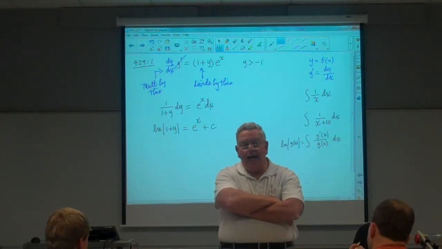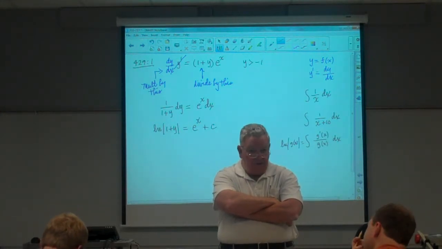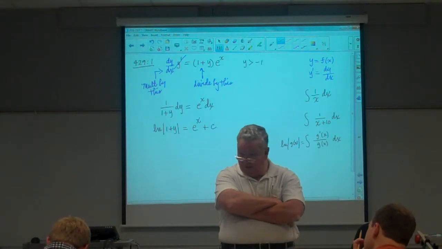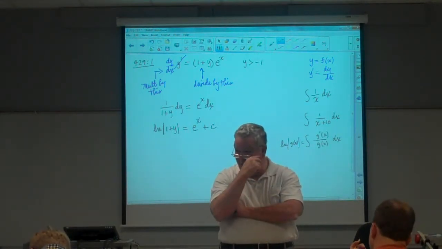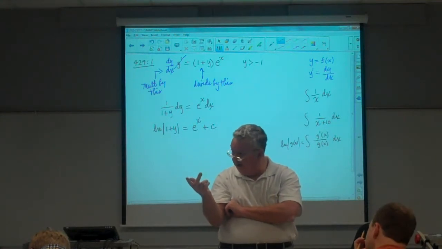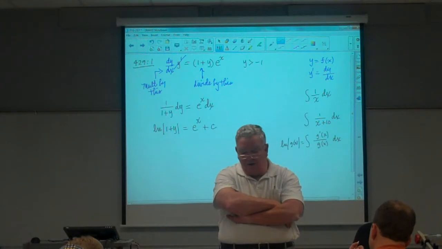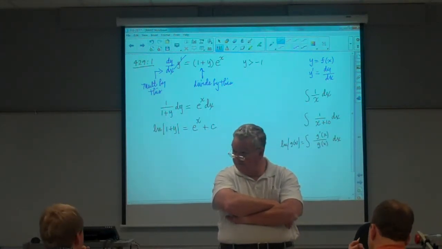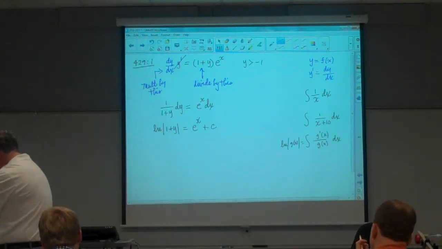Absolutely, and there will be times in differential equations that we have to keep up with C1 and C2. If we'd done it, we'd have called the one on the left C1, the one on the right C2, right? There are times you have to keep up with it, but almost always it doesn't matter. But if you want to do it, by all means, it's okay.